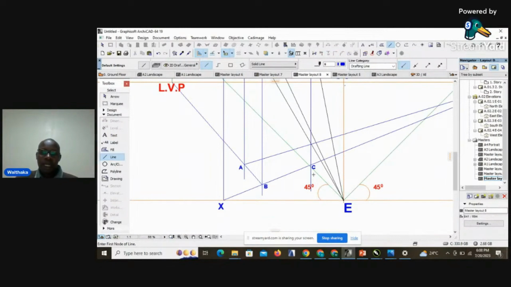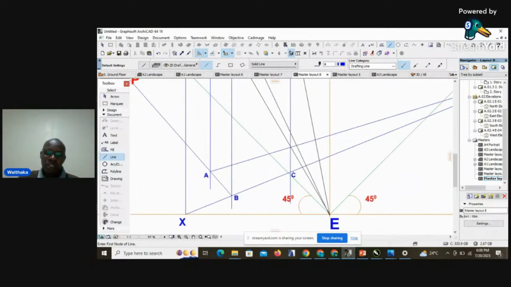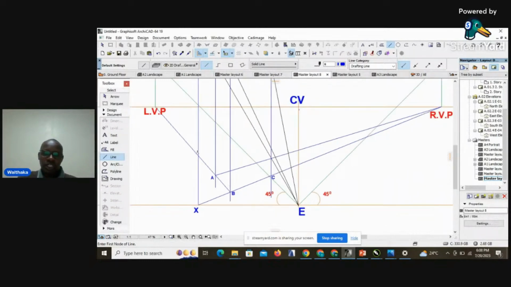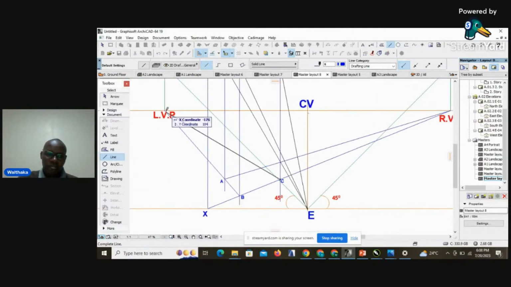and therefore we are already seeing that point C has receded to the right vanishing point. So again, we need now point C to recede to the left vanishing point. So from point C again, we draw a line from C to the left vanishing point.